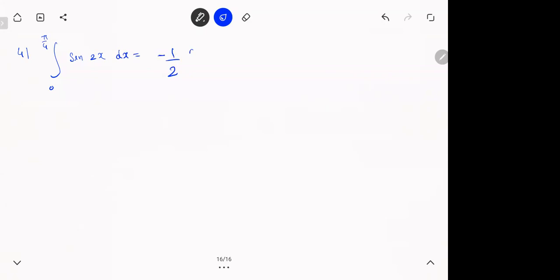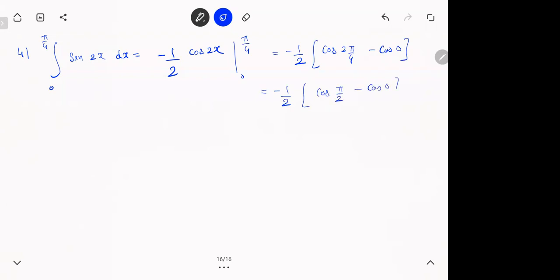This is minus half cos 2x. That's cos 90 minus cos 0. You got a half.